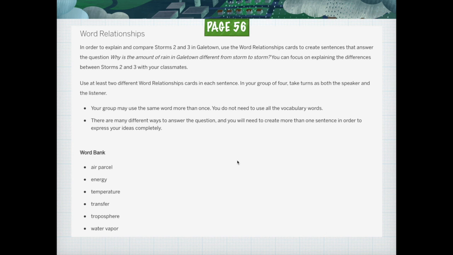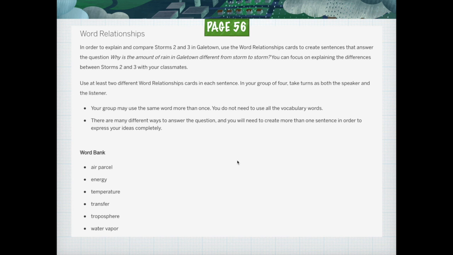So the words that I want you to use are air parcel, energy, temperature, transfer, troposphere, water vapor. Now these are also going to be included in the list of words that you're going to use in your CER to explain why the amount of rain in Galetown is different from storm to storm.